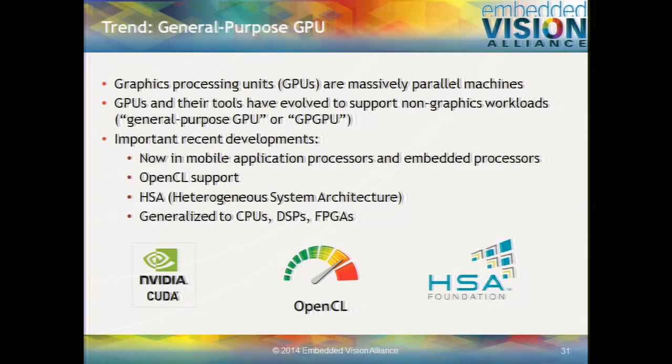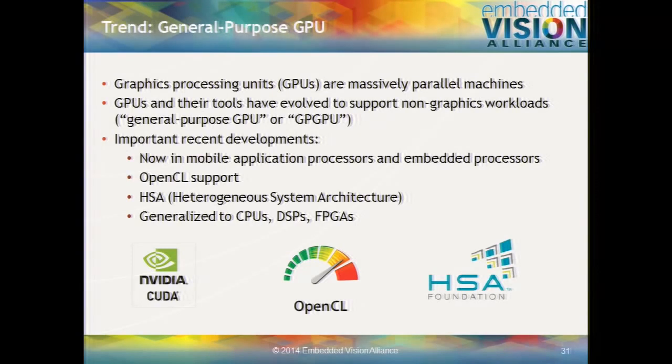NVIDIA recently announced this new Tegra K1 chip, for example, for embedded applications, and they're really focusing on using the GPU to offload things like vision functions from the CPU with much better energy efficiency.